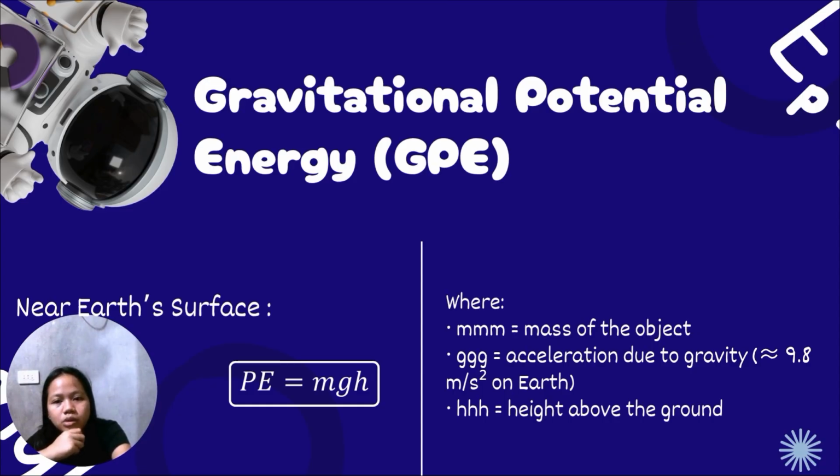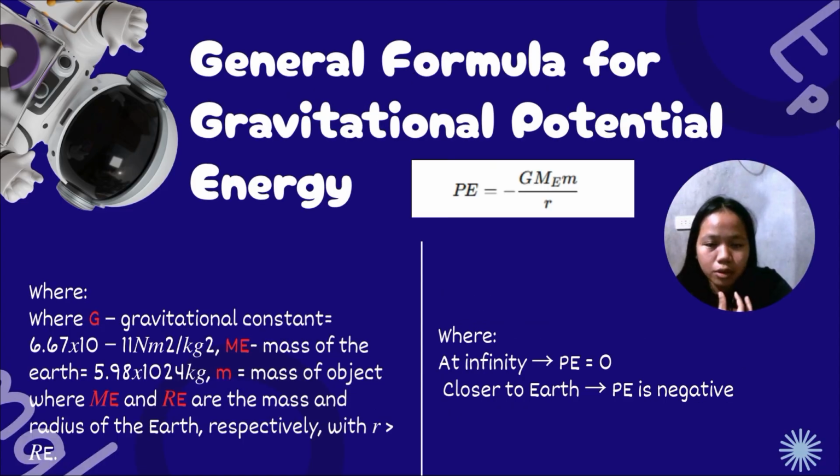So we'll use the general formula for gravitational potential energy, where PE is equal to negative capital G multiplied by capital M sub E times small letter m all over R, where capital G stands for the gravitational constant, M sub E is the mass of the earth, and small letter m stands for the mass of the object, where M sub E and R sub E are the mass and the radius of the earth respectively.